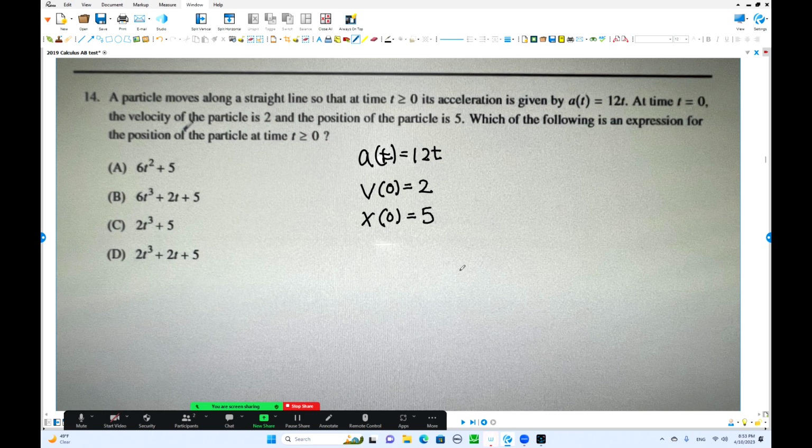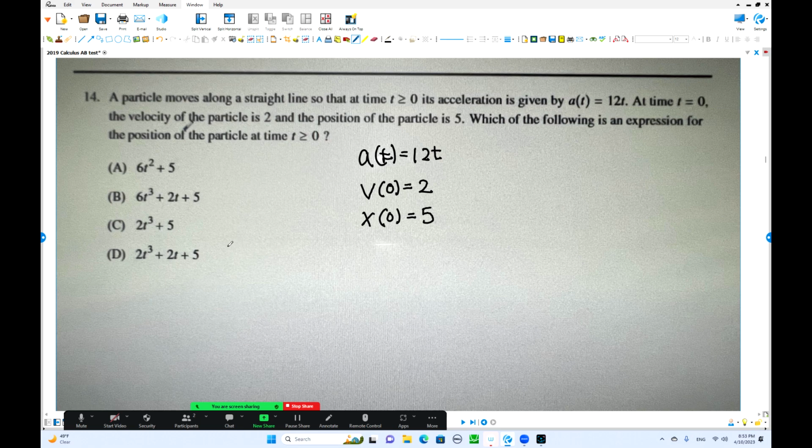Which of the following is an expression for the position function? Position is the integral of velocity.